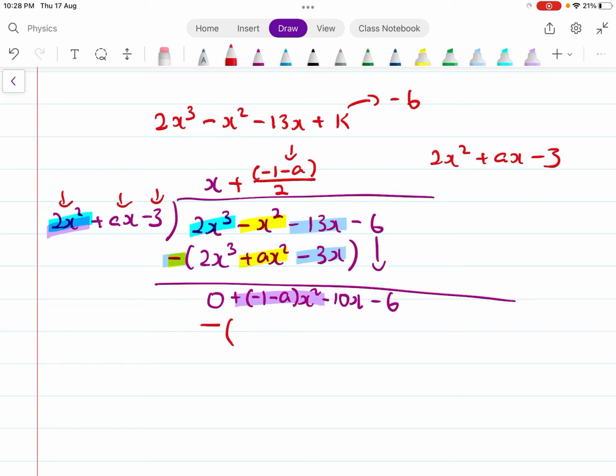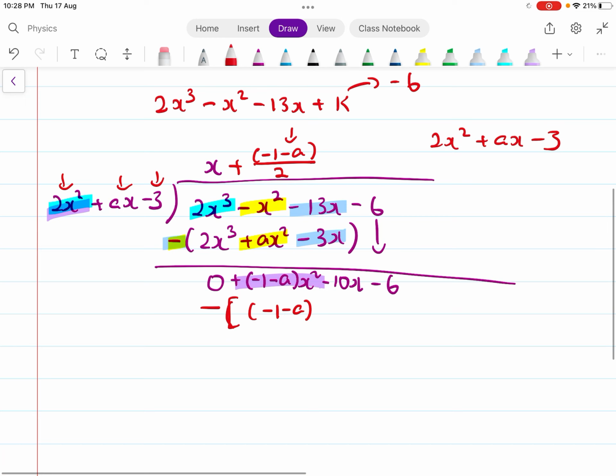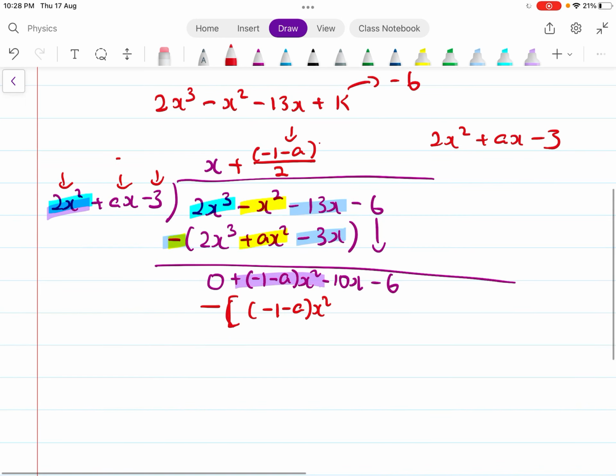So it's negative 1 minus a, bracket, x squared. And this thing times the second term right here, so it's a. So you just put plus a, negative 1 minus a over 2x.